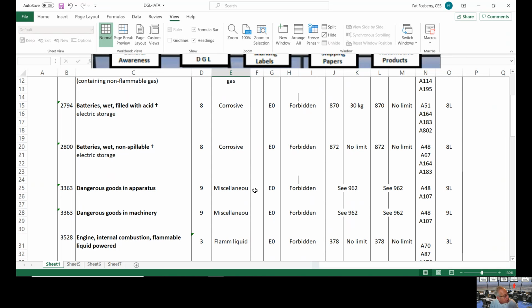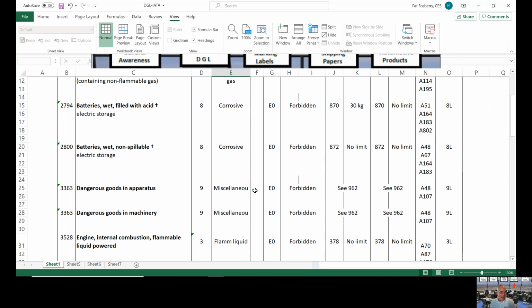How do you have to have that marked? For gases, cylinders, and all, it must comply with the requirements of a certain packing instruction. Just because you're in a class 9 and you've got some non-flammable gas in there, you need to go back to that packing instruction, and this one refers to 200, which is the general one.